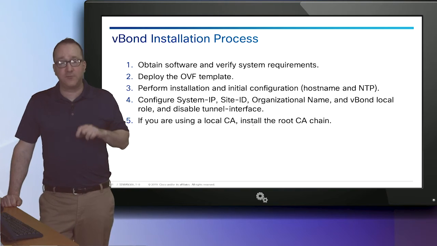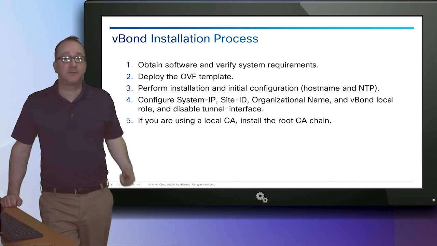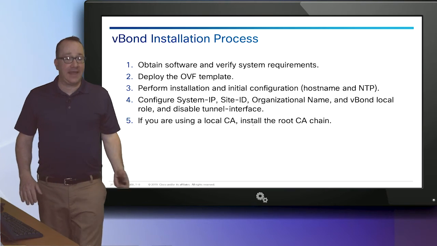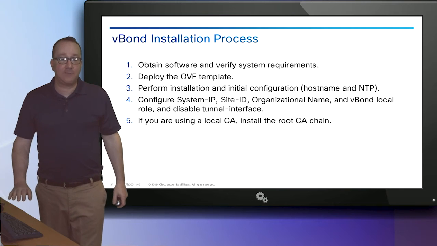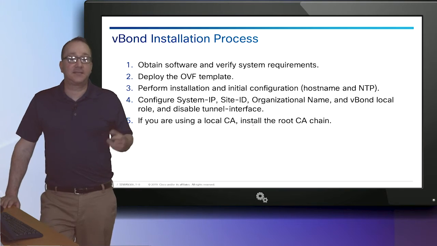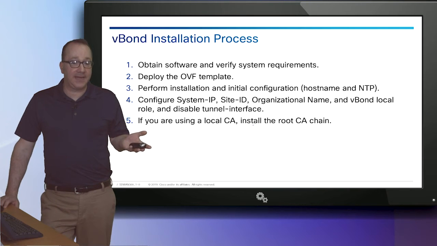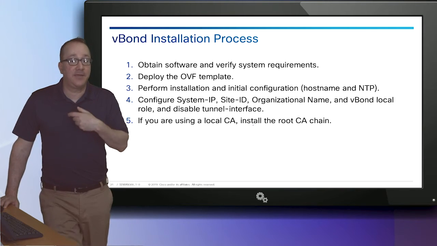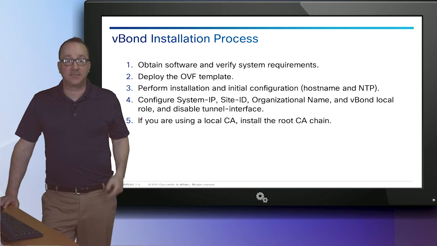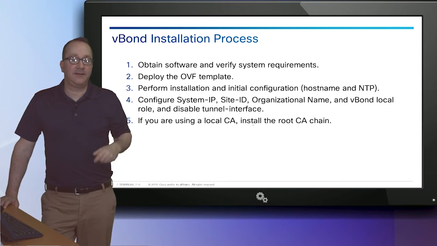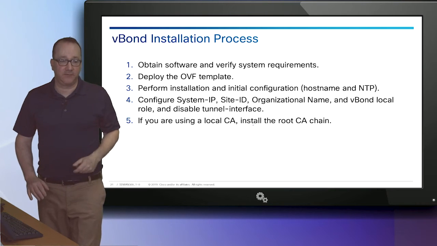Controllers, edge devices, everyone needs to talk to vBond when they first come up so they can find the rest of the servers. So after every reboot and that first installation, each device in the fabric first reaches out to vBond to discover all those other controllers and detect whether they're behind NAT. This is why the vBond IP address must be hard configured on all devices. We'll talk about zero-touch deployment later, but that's the only case in which we don't configure vBond locally.